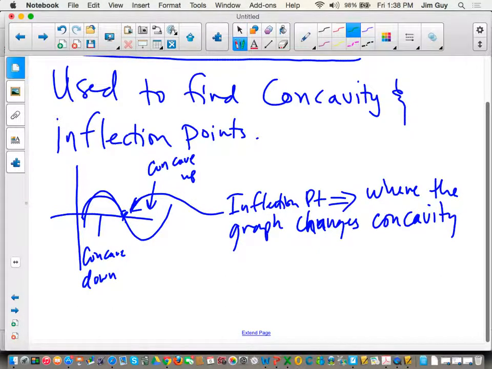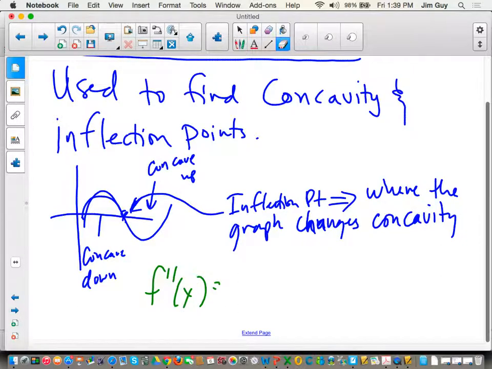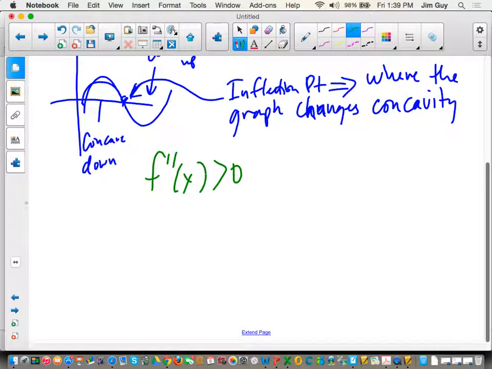So we just said it's the second derivative that tells us concavity. So f double prime of x, if that is greater than 0, in other words it's positive, well, that's happy, right? We have a smiley face, concave up.